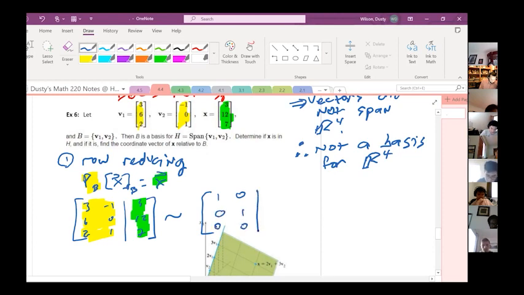1, 0, 0, 1, 0, 0, with 2, 3, 0 as the augmented column. Okay. So what does this last row being all zeros tell us? It says that we're consistent.